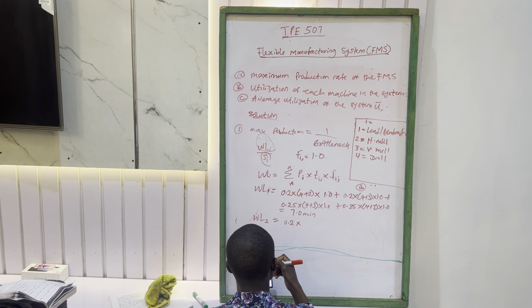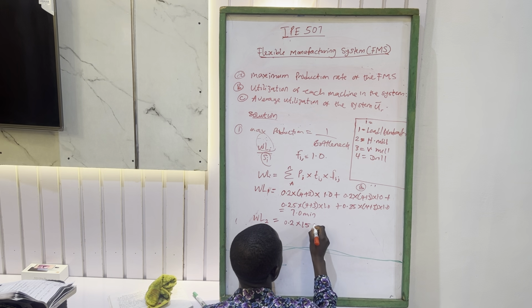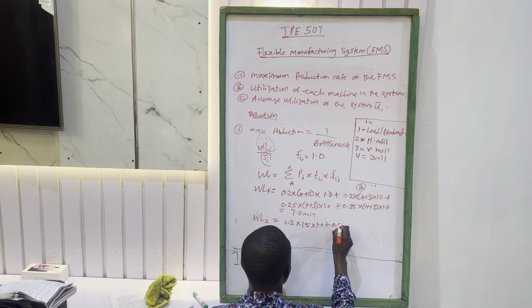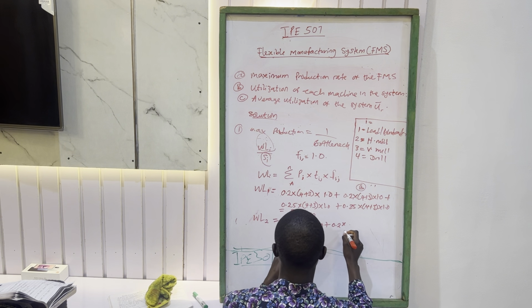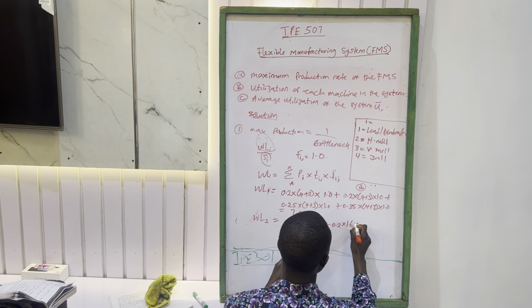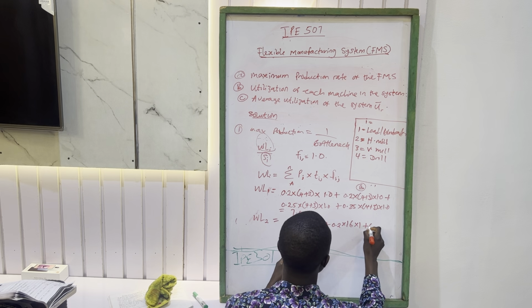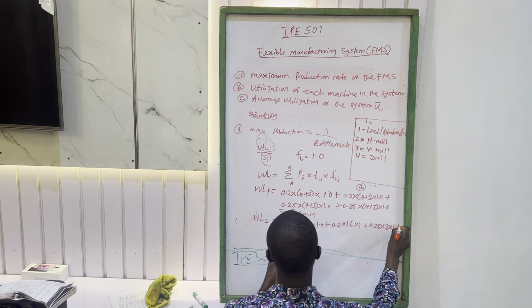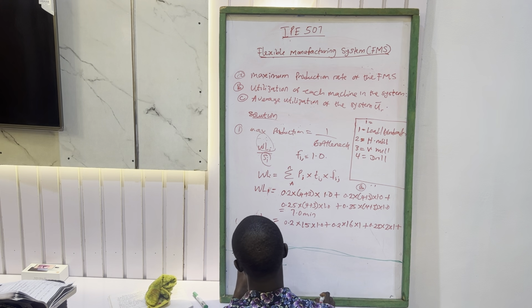So that would be 0.2 for A times the operating time, which is 15, times 1.0, plus that of B, which is 0.2 as well, times the horizontal mini operating time of 16, times 1, plus that of C, 0.25, times 2, times 1.